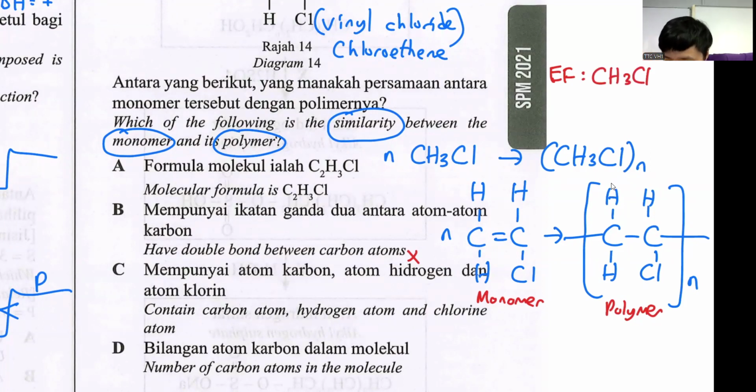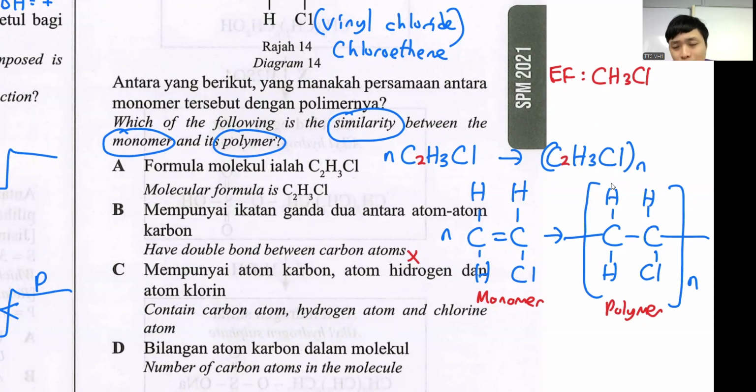Molecular formula, only the monomer is C2H3Cl. For the polymer, you don't know how many. The polymer can be 50 carbon, 100 carbon. Sorry, I showed you wrongly, the monomer is C2H3Cl.